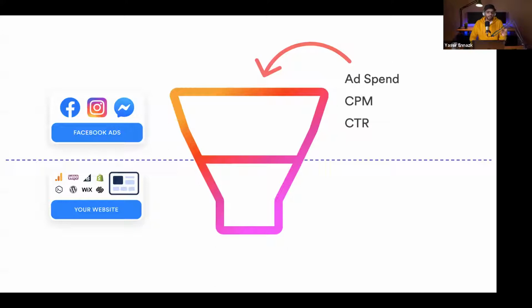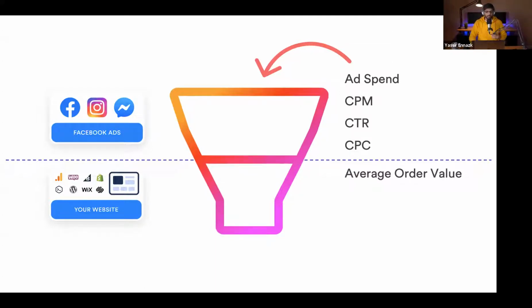So if you have a 2% click-through rate and you have 1,000 impressions, that's 20 clicks, right? And the click-through rate is directly going to affect your cost per click. All right. So we'll go into more detail about this in a bit.